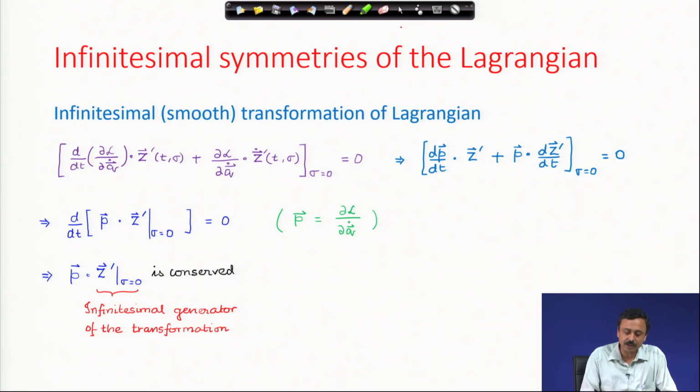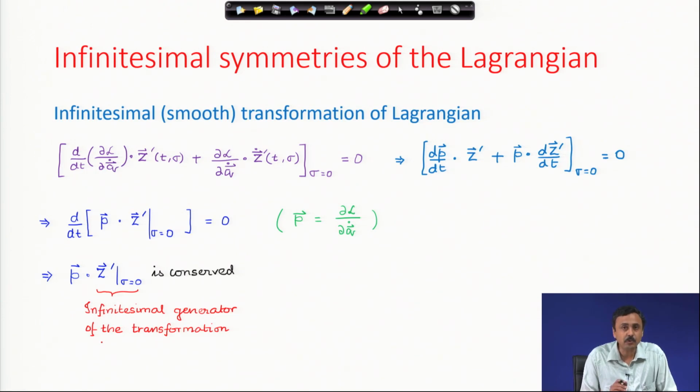Why do we call this a symmetry transformation? Because under this coordinate transformation from q to z, we find that the Lagrangian does not depend on sigma, at least infinitesimally. d/dσ of the new Lagrangian L̃ is equal to 0 at sigma equal to 0.